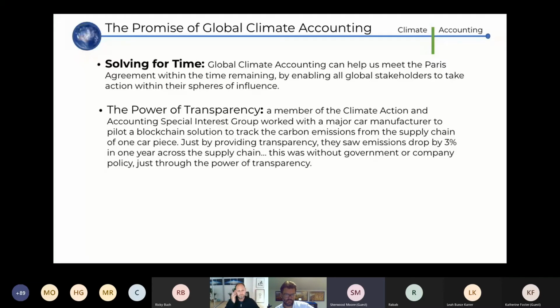This member is working with a major manufacturer to pilot a blockchain solution to track the carbon emissions through the supply chain for one piece of one kind of car. And what they found was just by providing transparency across this one particular supply chain, they saw emissions drop by 3% in 1 year.